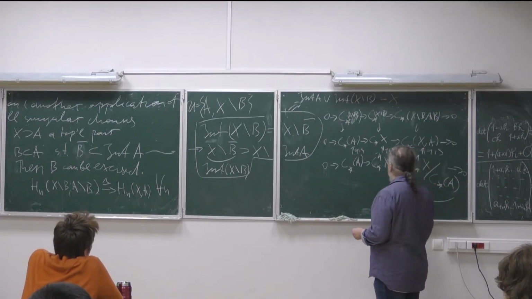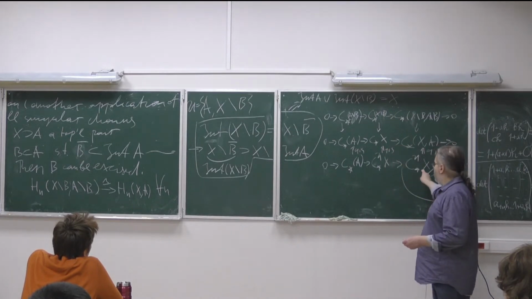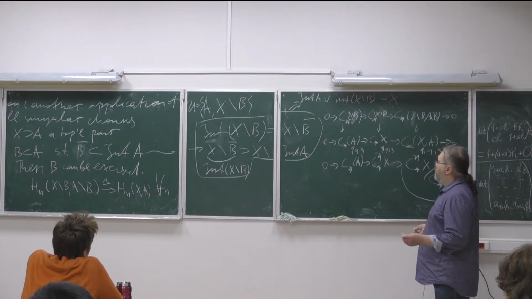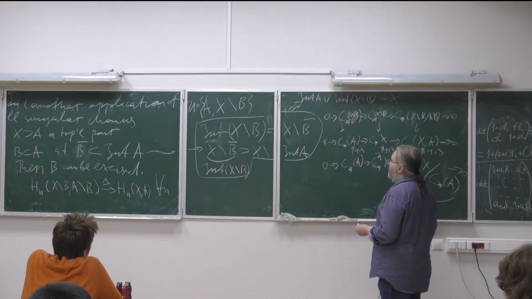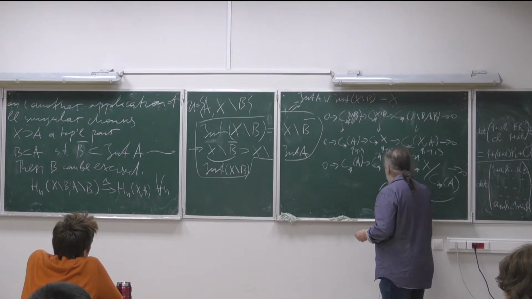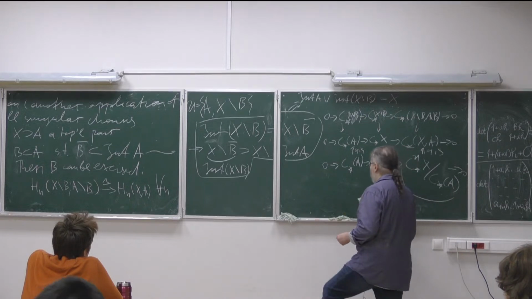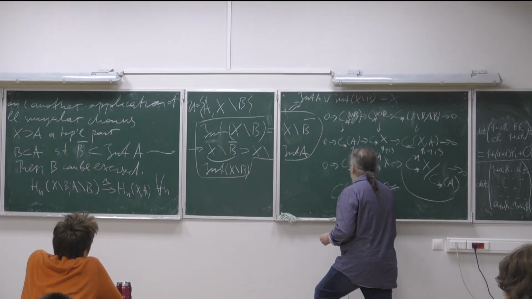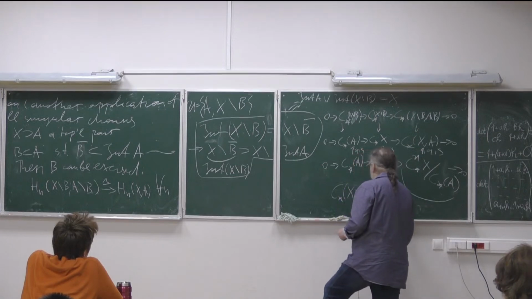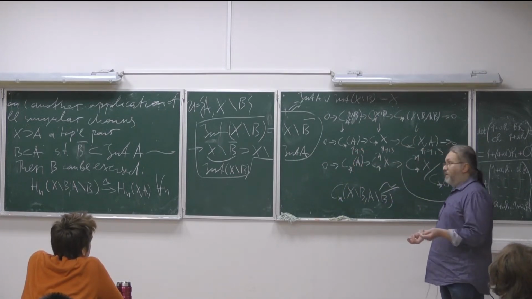Okay, so what is this complex? Well, my claim is this complex is in fact isomorphic to C of X minus B mod A minus B. How?